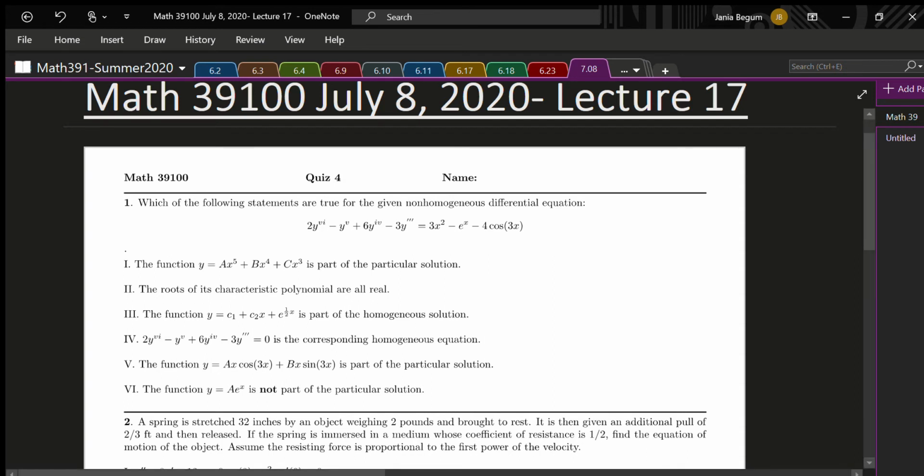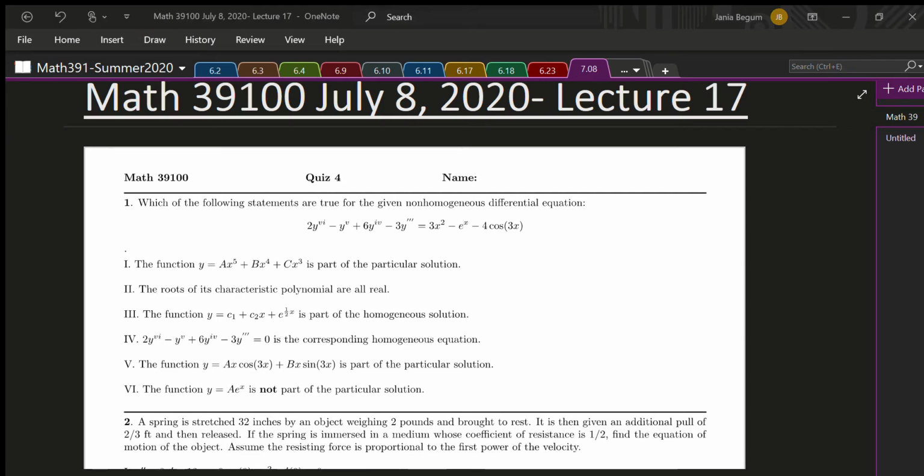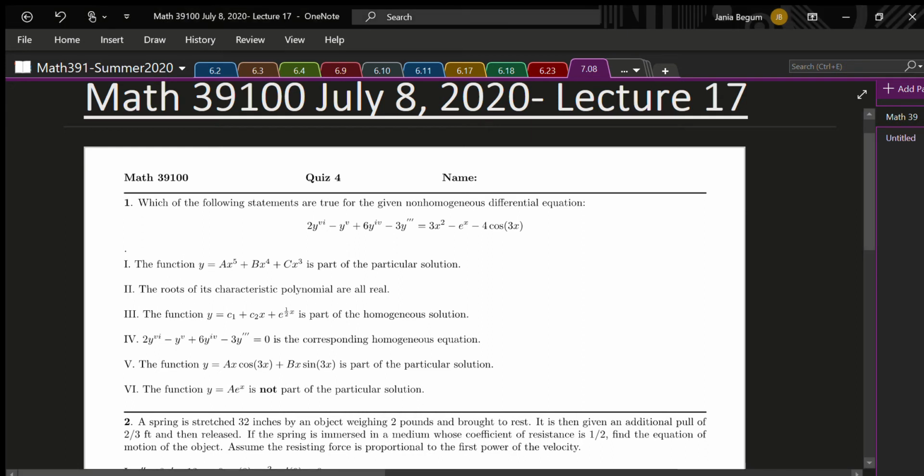Okay, so we have 2y to the 6th derivative minus y to the 5th plus 6y to the 4th derivative minus 3y to the 3rd equals 0.